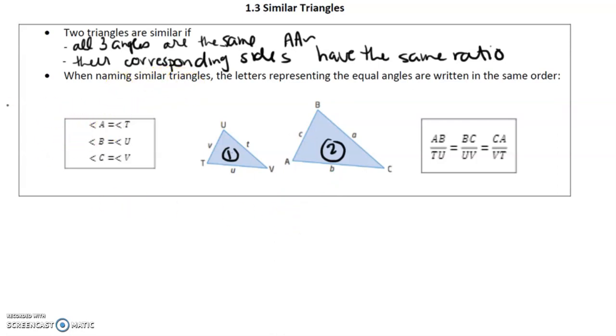When naming similar triangles, the letters representing the equal angles are written in the same order. So, for example, angle A is here.